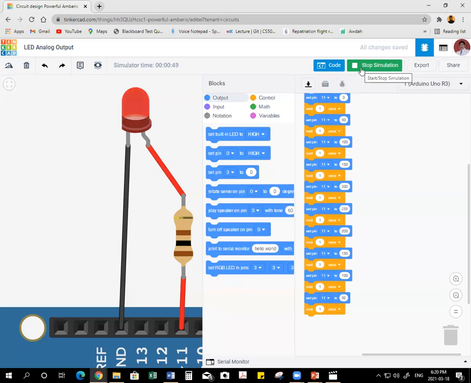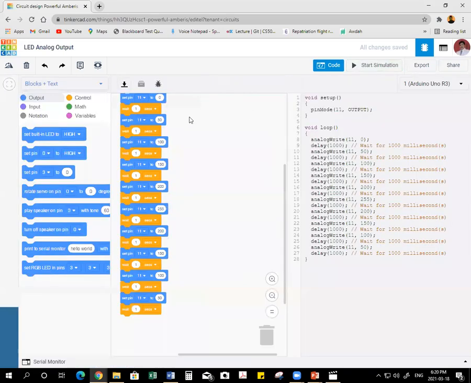Stop the simulation. I want to show you a program. Go to the program; it is built automatically when you use the blocks. See here. What is the program here? Void setup, same like the previous one in digital mode. Here now pinMode 11 output, we are giving the different blocks we have here. See, analogWrite 11 0, because previously digitalWrite was there.